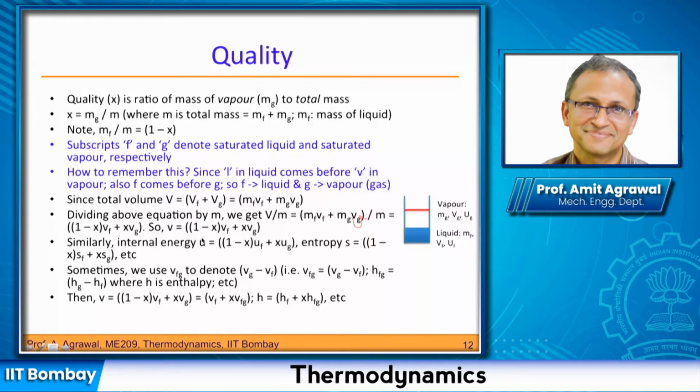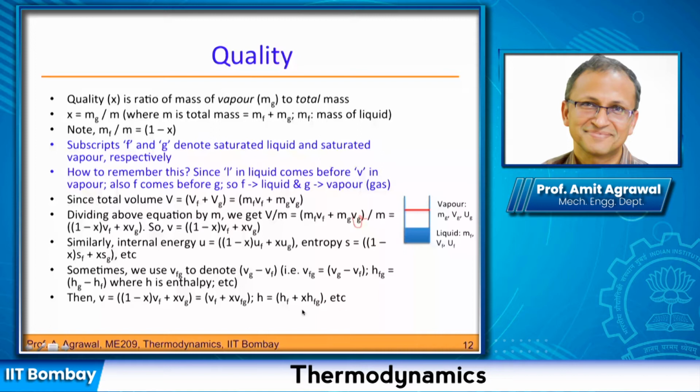So V is (1 minus X) times VF plus X times VG, which if you want to rework in terms of VFG, you can just see that the first term is nothing but VF, and then you have X times (VG minus VF), which is nothing but VFG. So you get VF plus X times VFG as your V, and similarly you can write your expressions for H and S and so on.